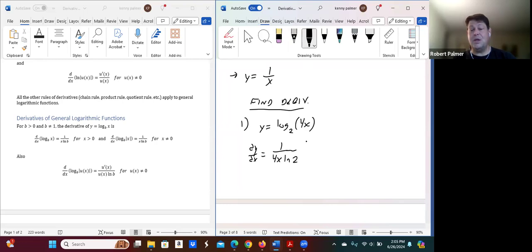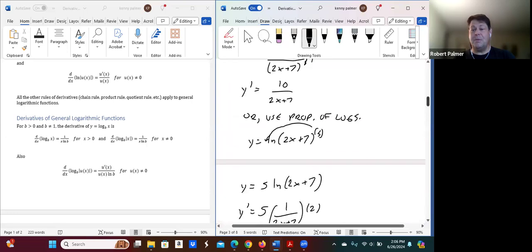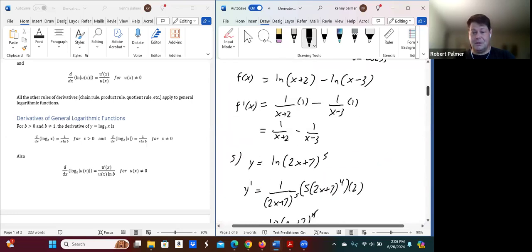And then from the chain rule, the derivative of 4x is 4. And so this is going to be 1 over x times the natural log of 2. So we now have this new constant, natural log of 2, beside it. And of course, if our base had been 5, we'd have the natural log of 5. You can imagine any of these ones we did before, if we just use a different base.